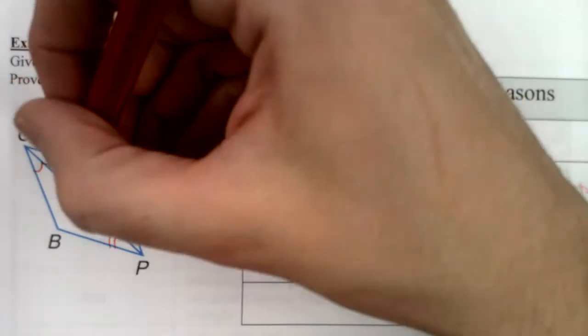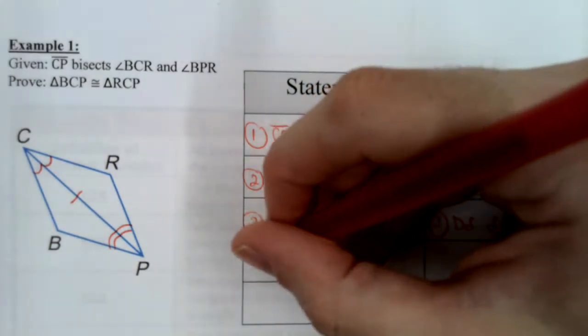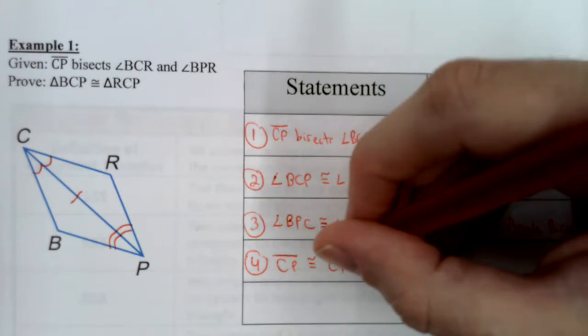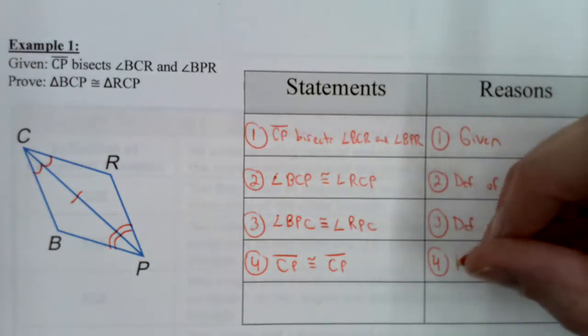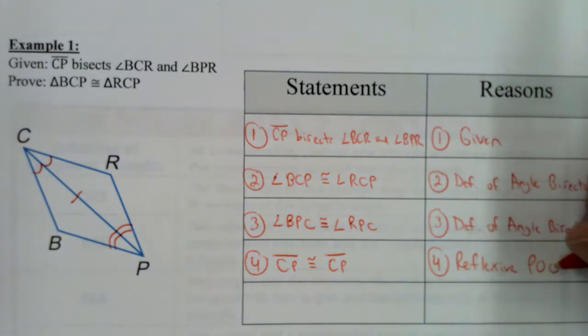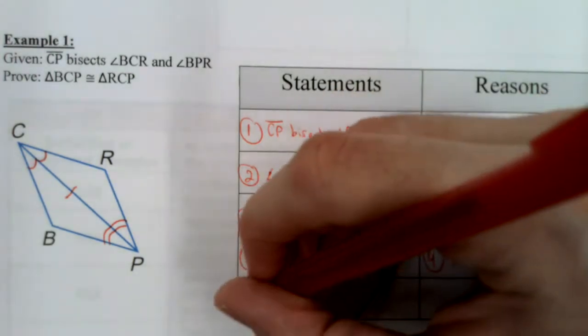But coming up next, we got the reflexive property of congruence. I'm going to say CP is congruent to CP. Don't forget the segment symbol. Reflexive property of congruence. And now I can say that triangle BCP is congruent to triangle RCP.